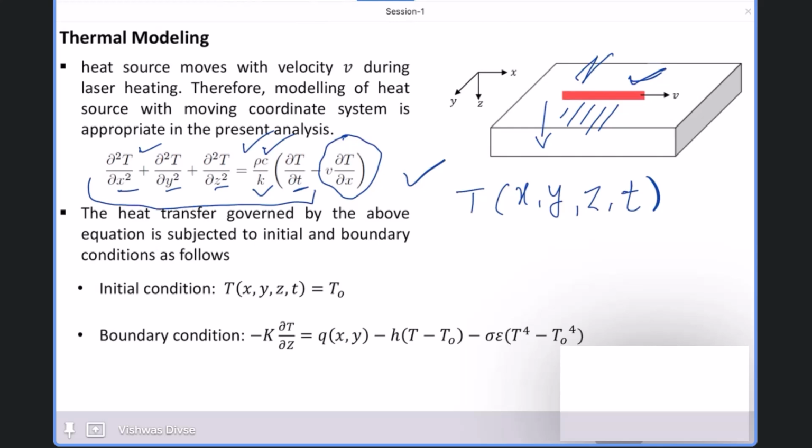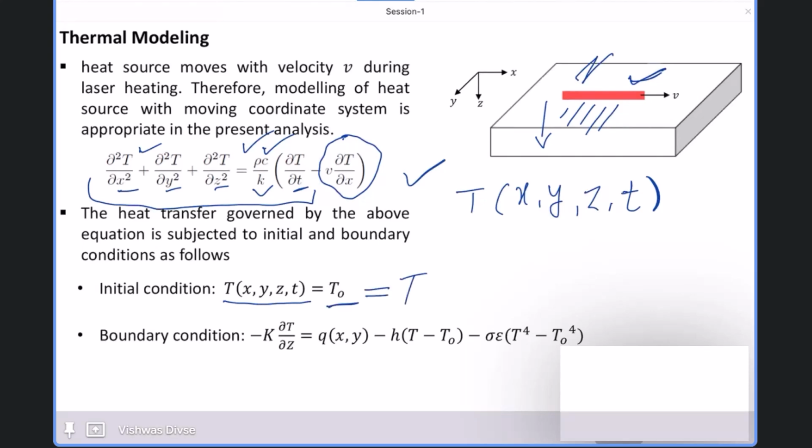Now, this governing equation should be constrained with some initial and boundary conditions. As I said, your temperature is a function of x, y, z and time t. So at initial condition, the whole model should be at some initial temperature.